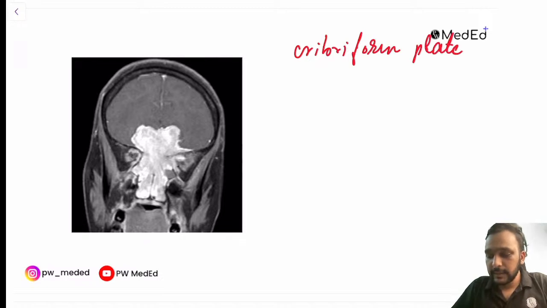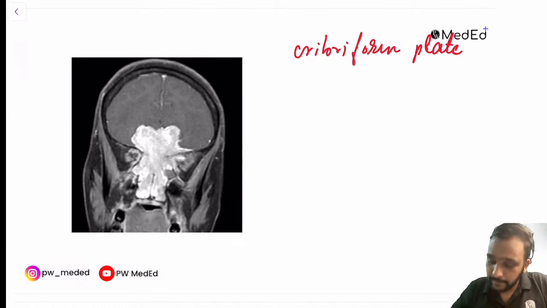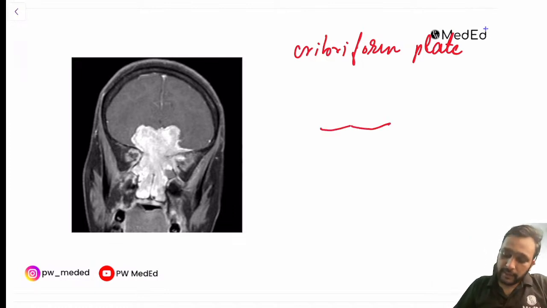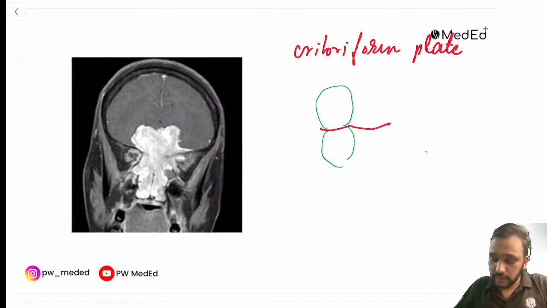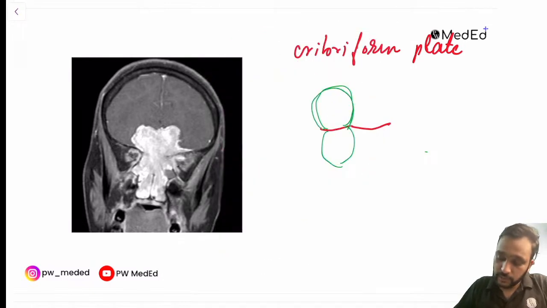So imagine a tumor which is arising from the cribriform plate. If this is your cribriform plate and a tumor is arising from it, this tumor is going to go upwards as well as downwards, right?